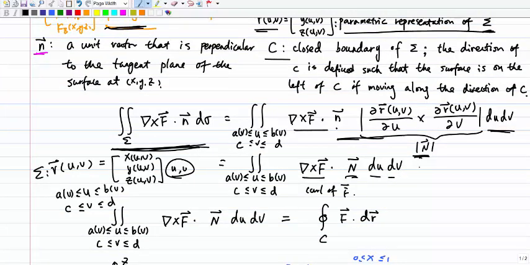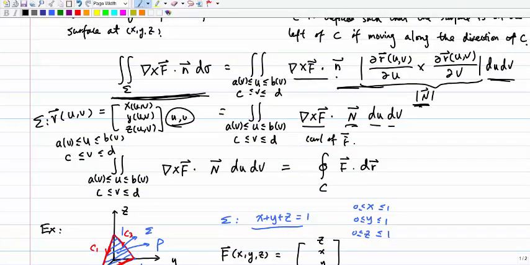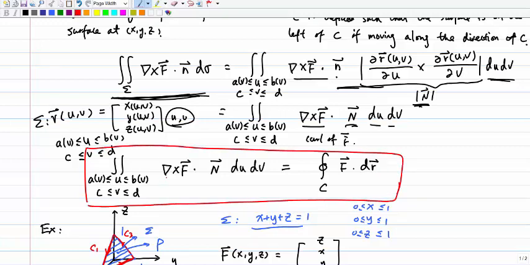A more common form is Stokes theorem: the double integration over the curl of f dot n vector, where n vector is partial r over partial u cross partial r over partial v, over du dv, is just the line integral of f over dr, and C is defined by the boundary of the surface.